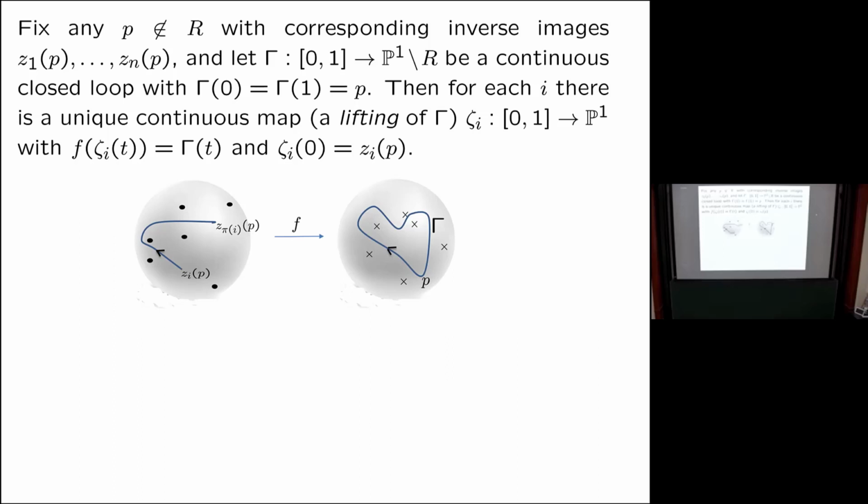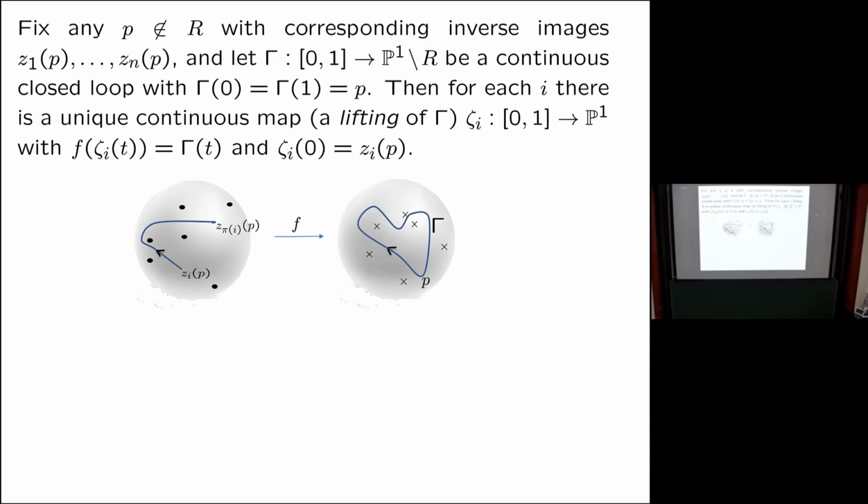Okay, so let's take one of them, say zi of p. What I'm going to do is take a loop in the image that starts and ends at p and doesn't go through any critical value. I'm going to look at one of the roots, zi of the starting point p, and you can show that there's a unique lifting of this curve starting at zi of p.